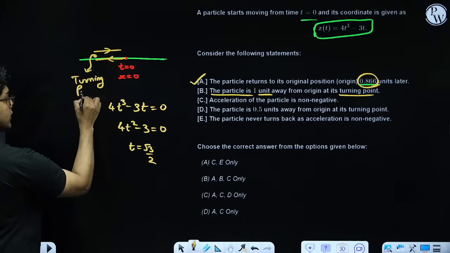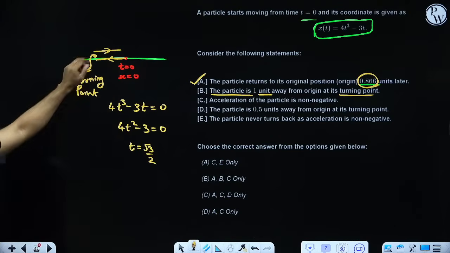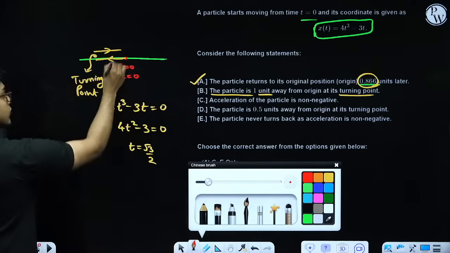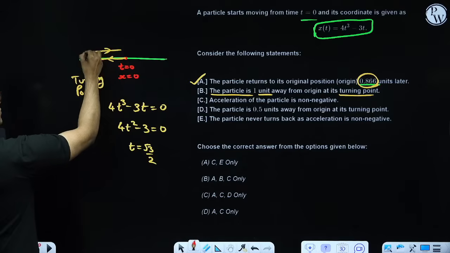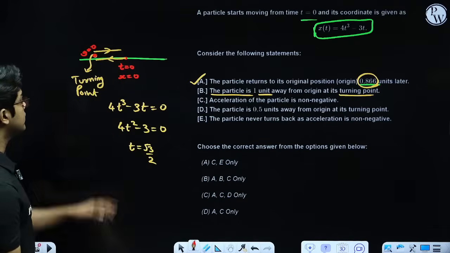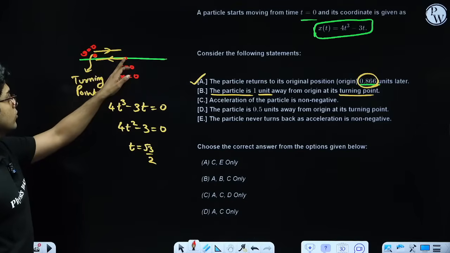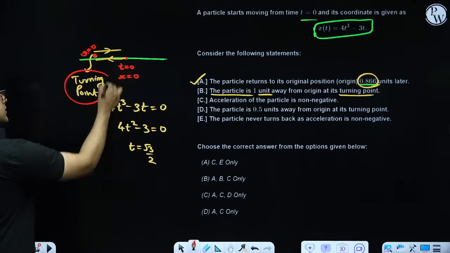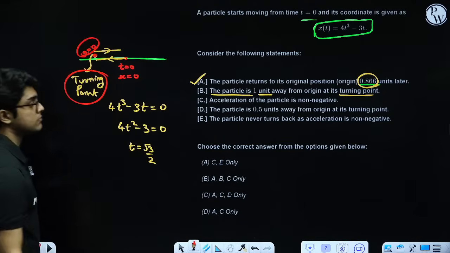Okay. So what's the property behind this turning point? This is where the particle comes to rest. So it goes to the left, comes to rest at this location, and then the velocity along the x-axis goes from negative velocity, to 0, to positive velocity. So it turns when the velocity becomes 0.